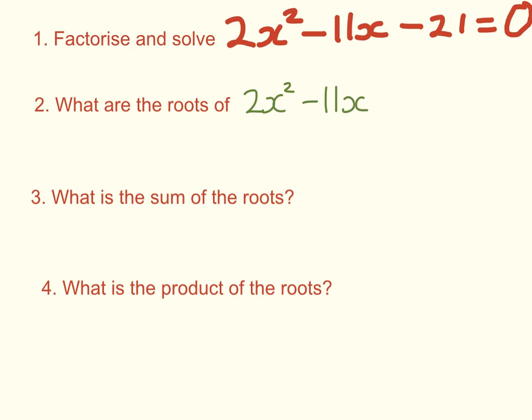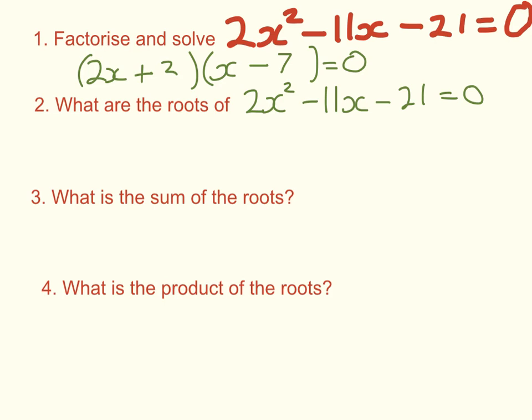Right, now you might use grouping to do that, but you can probably do it by inspection. Okay, so when we factorise this equation, here's what we're going to get. I'm trying to keep the video short, so I'm not going to go through grouping again. So I've got 2x times x, and I need to have a plus and a minus. So I'm going to end up with -7 here and +3 here.